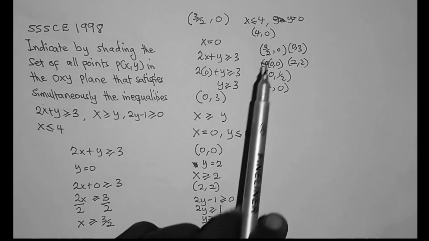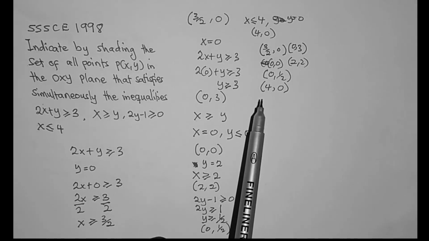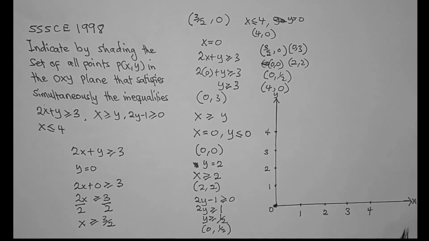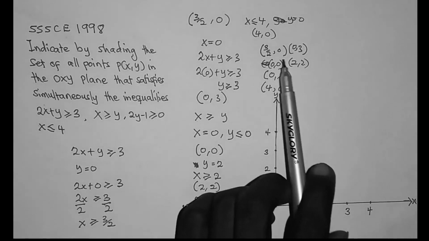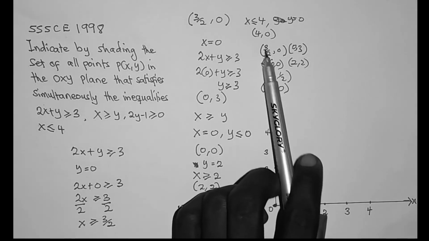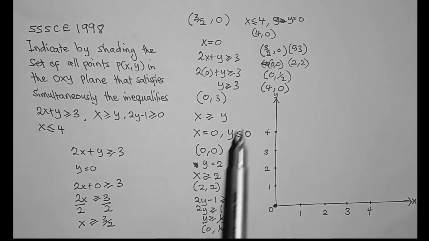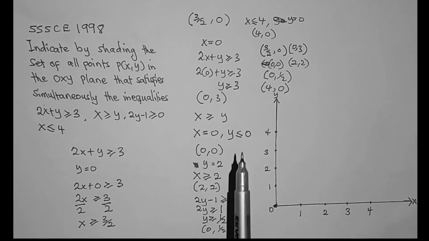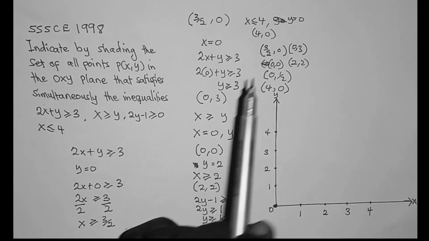So let's then sketch our graph and plot the points. Assuming this is our graph in the OXY plane, let us go ahead and plot the point 3 over 2 and 0. Now 3 over 2 is 1.5.